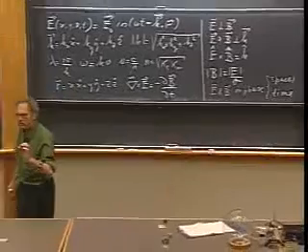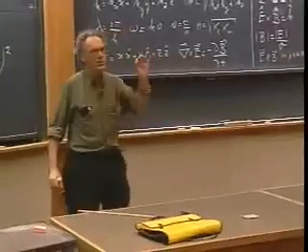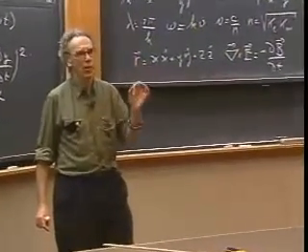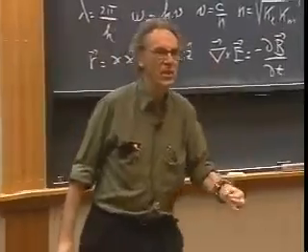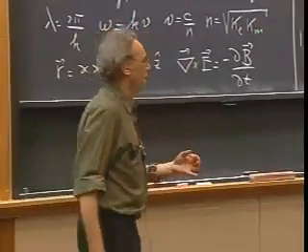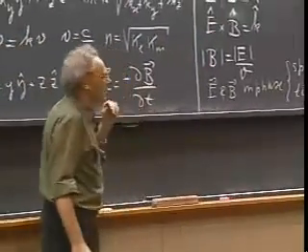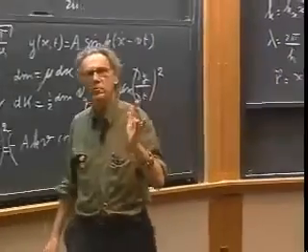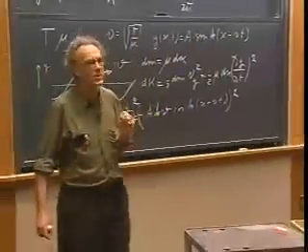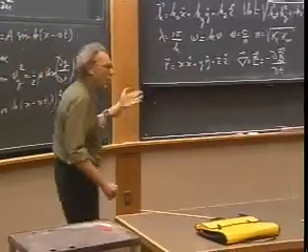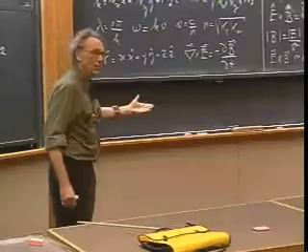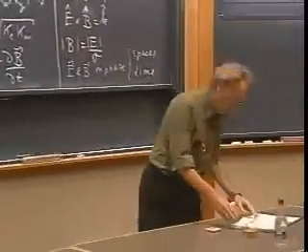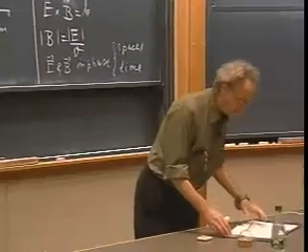The location where E reaches a maximum is also the location where B will reach a maximum, and they reach it at the same moment in time. So if you are somewhere and you find that the E vector reaches a maximum, then you know that the B vector at that moment will also reach its maximum. And if you are somewhere in space where E is 0, you can be sure that B is also 0. That is the case for traveling waves.